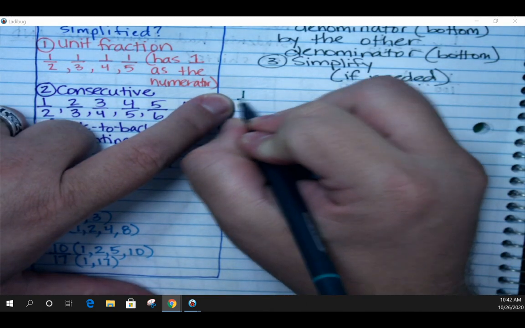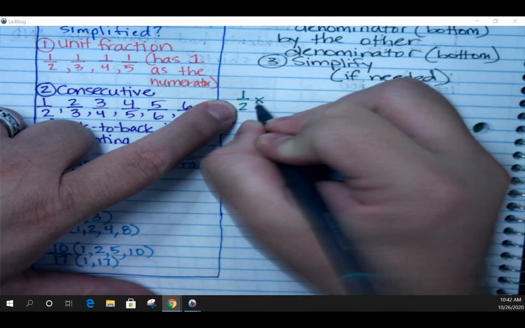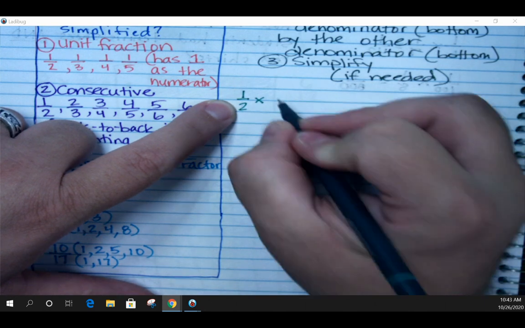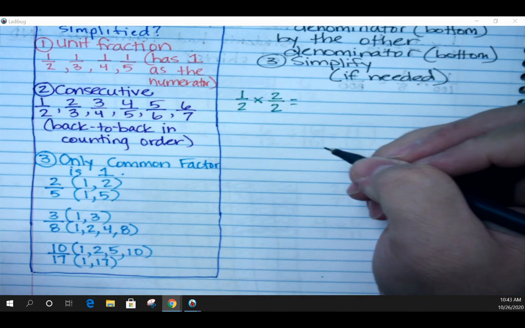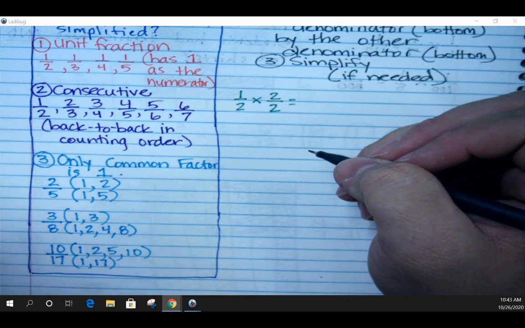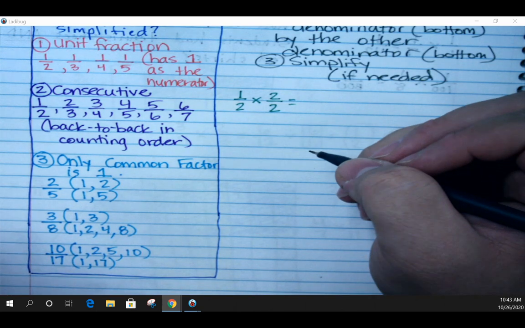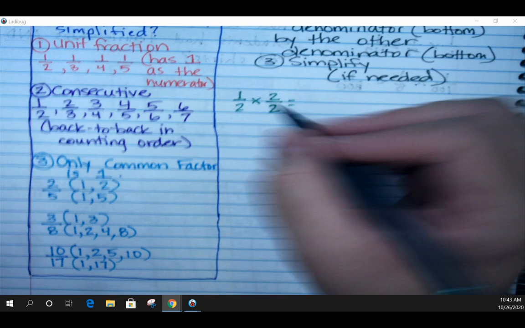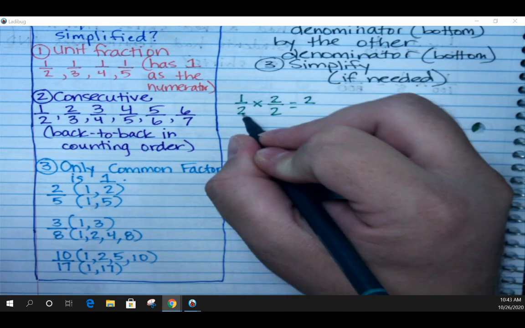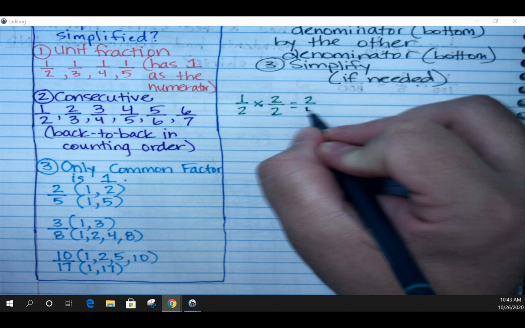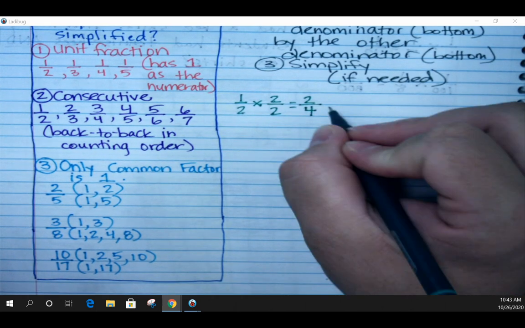Let's do 1/2 times 2/2. What is 2/2? 1 whole. 1 times 2 is 2, 2 times 2 is 4, so 2/4.